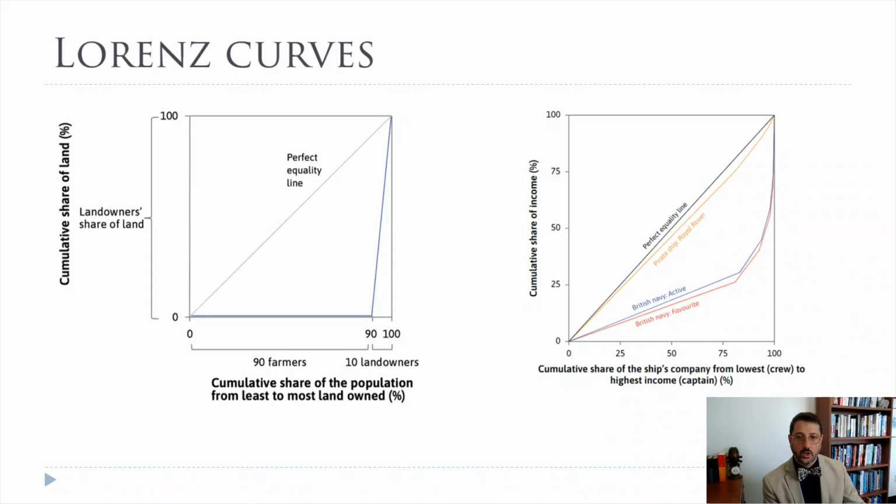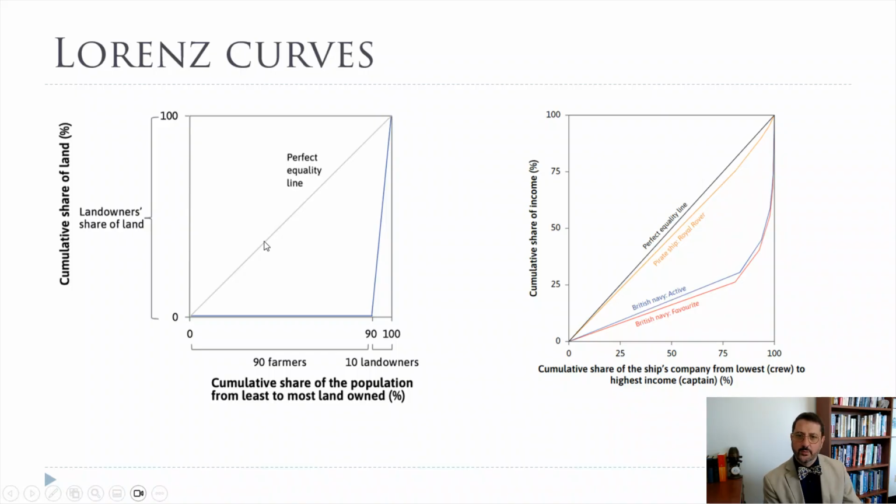And so we will always start here at 0 and 0 because 0% of the people own 0% of the land, 0% of the people have 0% of the income, and we will always end up here at the top right because 100% of the people always own 100% of the land, 100% of the income, 100% of the wealth, whatever we're measuring. And so in this case, you can see it's very unequal, right? We have most people who have no land, and then 10% of the people who own all the land.